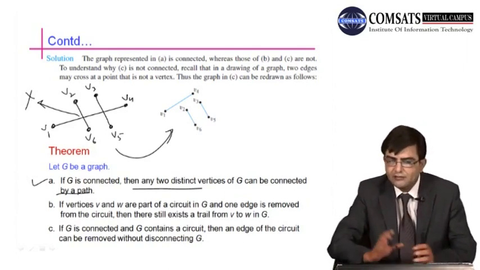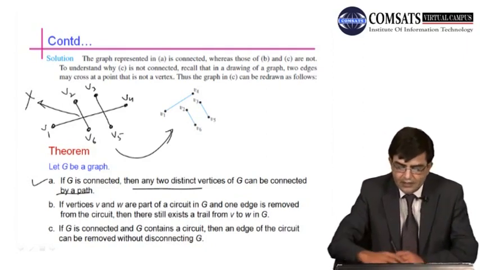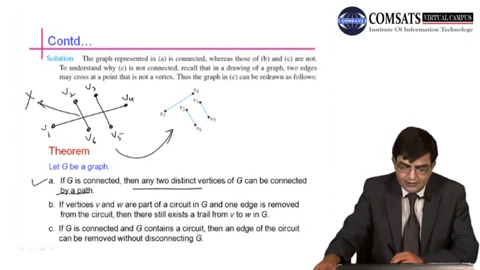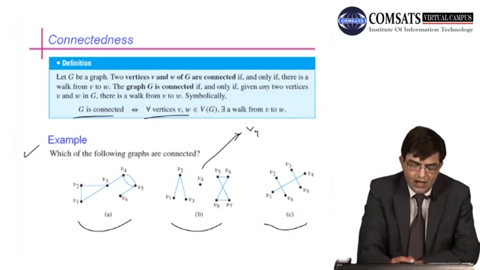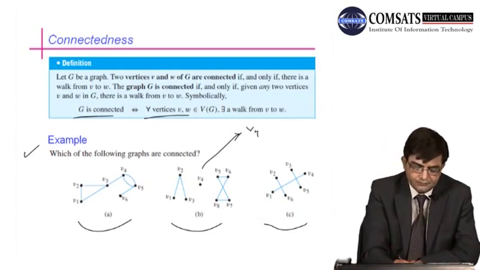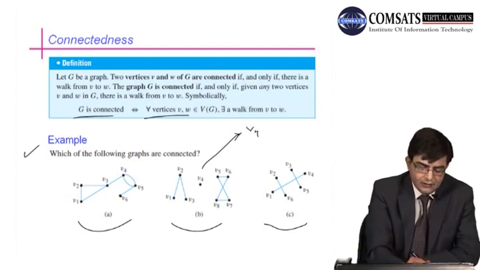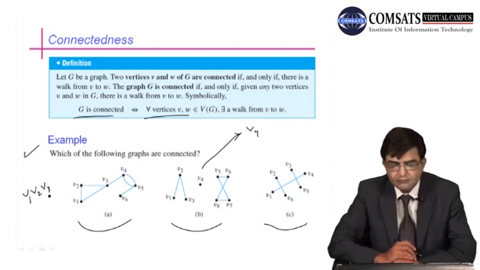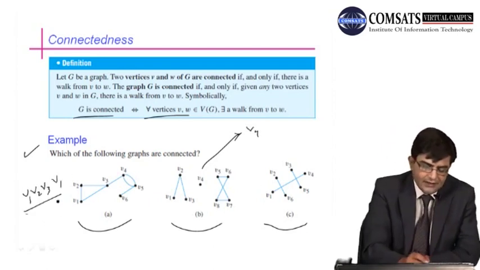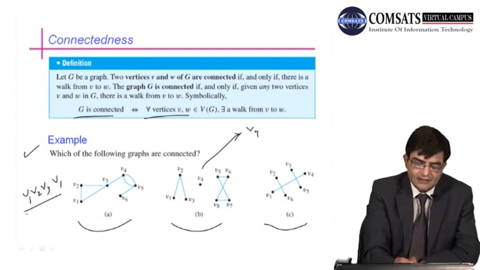So this is obvious if you just imagine a little. For example, here we have a circuit whose starting and ending point is the same, with edges from V1, V2, V3 and V1. Starting and ending point are the same, it contains at least one edge.